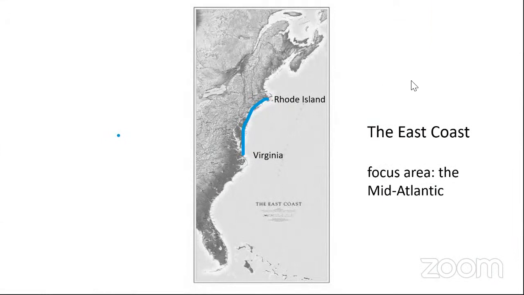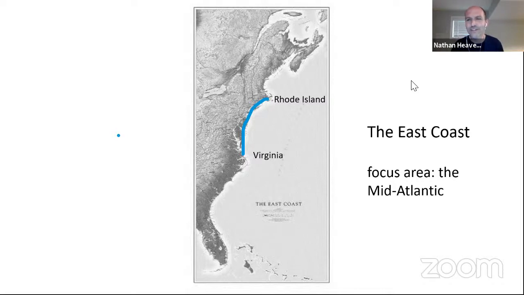I've been fortunate to travel up and down the East Coast from Maine to Florida, but most of my time has been spent in the Mid-Atlantic, from about Rhode Island to Virginia. So this is going to be our large study area for this evening.